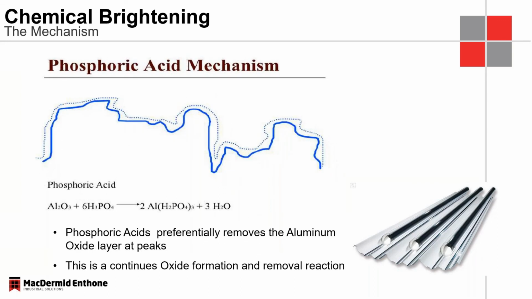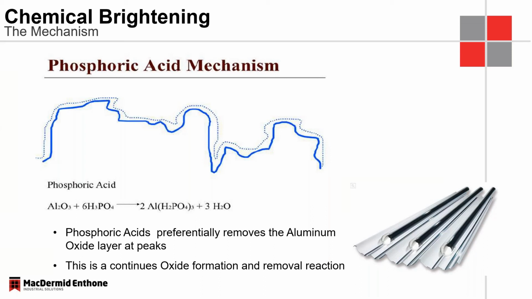The opposite reaction is from the phosphoric acid. The phosphoric acid is the part of the system that attacks the aluminum surface and dissolves the aluminum. Because of these counteractions between the nitric and the phosphoric, it works towards removing more aluminum from the peaks.